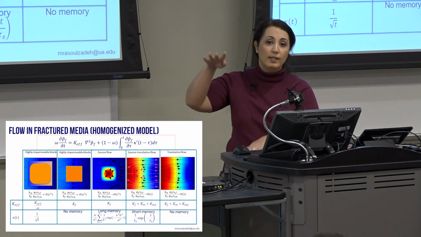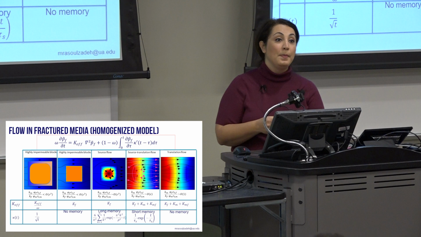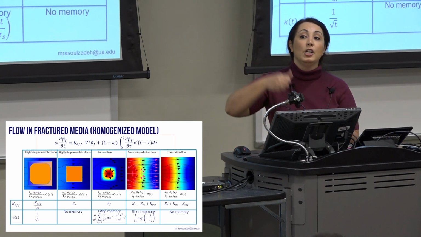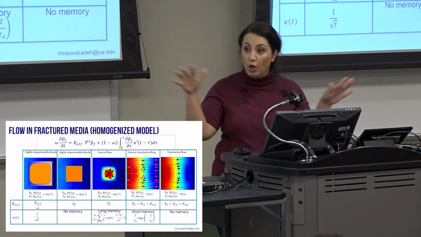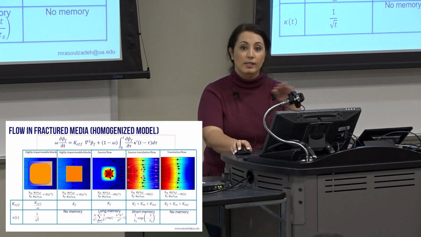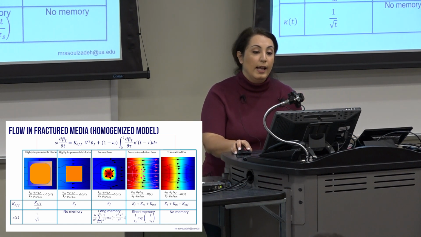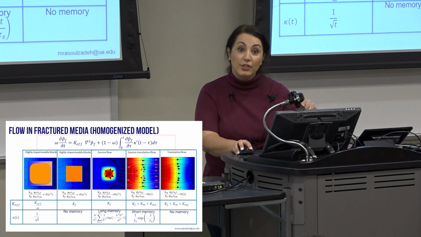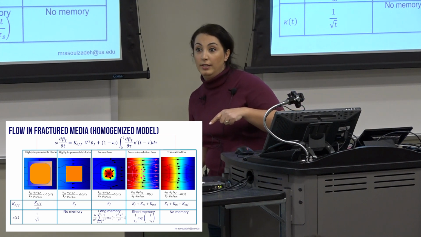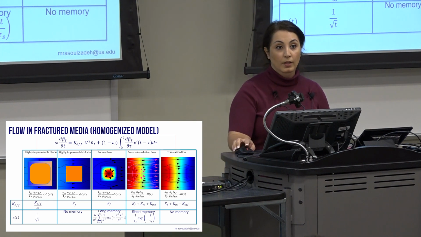So because of this difference in time, some parts of the matrix are still responding to the previous pressure drop from previous times. It's not all synchronized in terms of time. That somehow explains this convolution integral: at each time step, the pressure comes from all the history that you had in your medium.